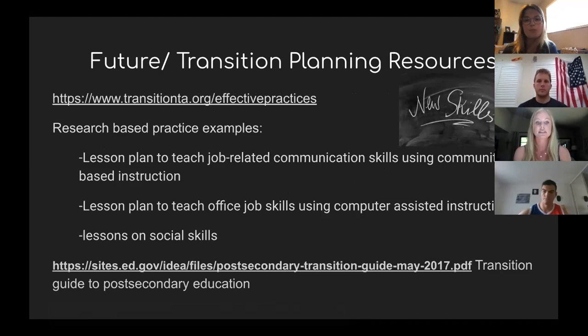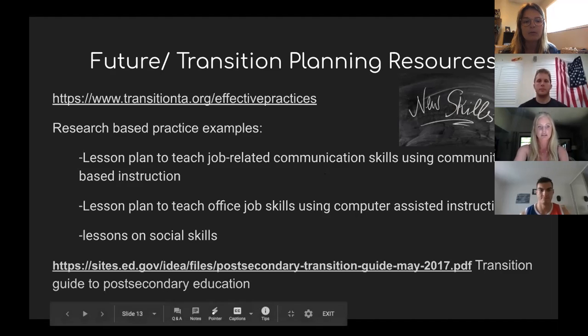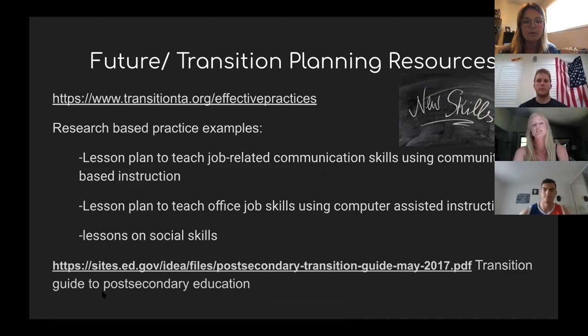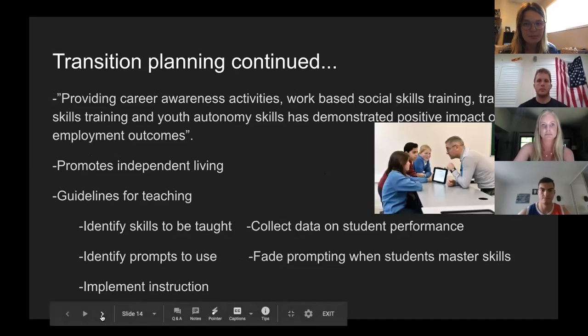There are also lesson plans to teach students office job skills, to teach students computer skills that they might need in the future, and then also social skills. All of these things are extremely important as they transition out of regular school and into post-secondary education.